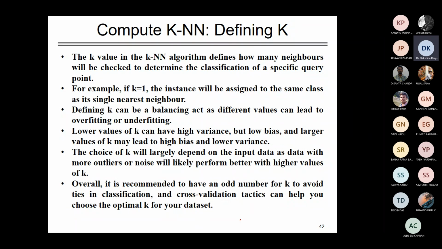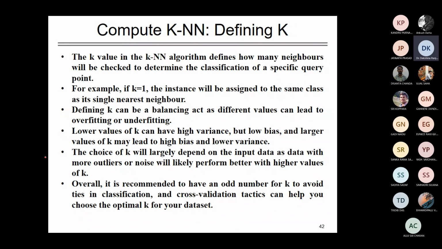Okay, and the class information reflected by that nearest neighbor will be the same label for the query point. Now defining k can be a balancing act, as different values can lead to overfitting and underfitting. Okay, so based on the different values of k, we will get different effects, meaning we can get the overfitting problem or underfitting problem.